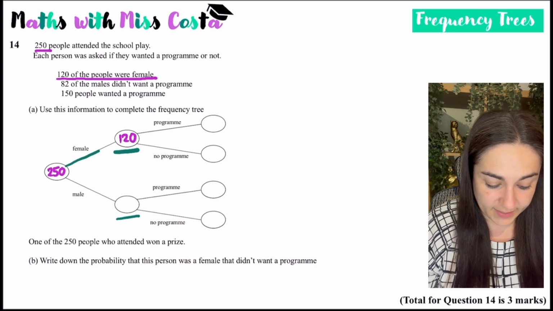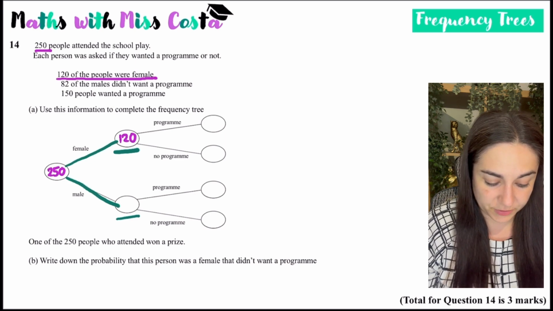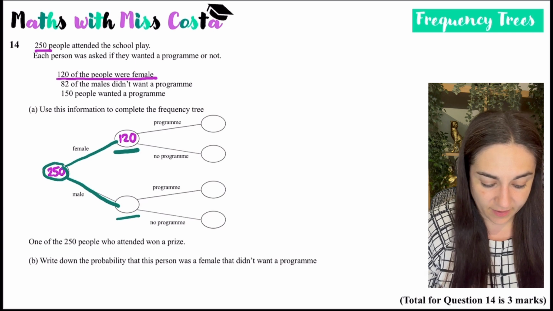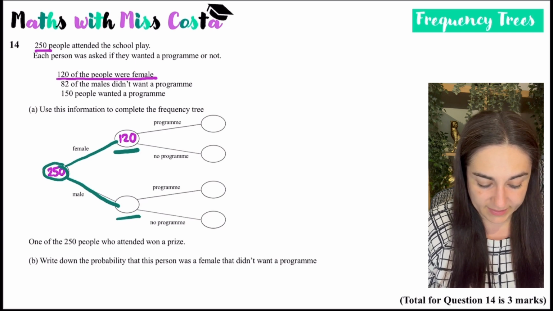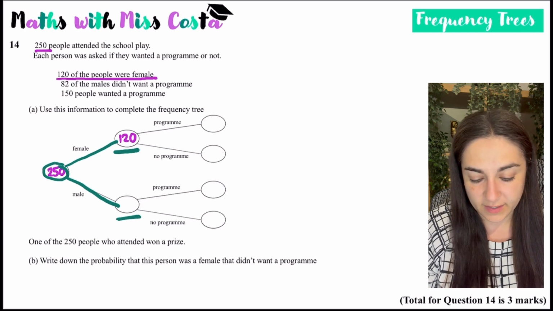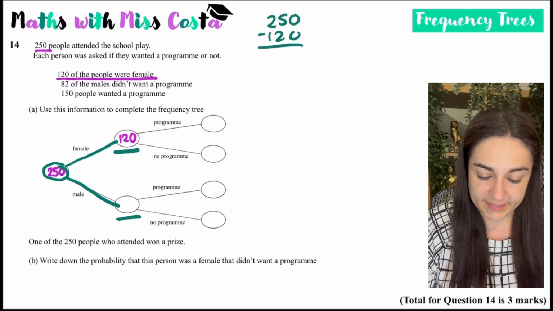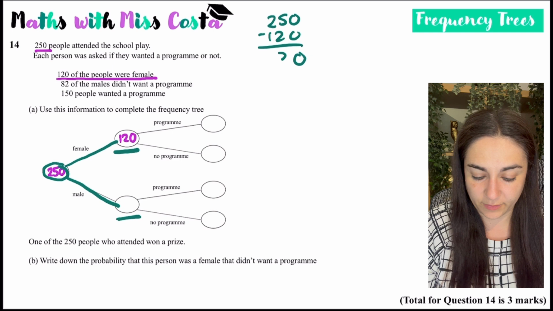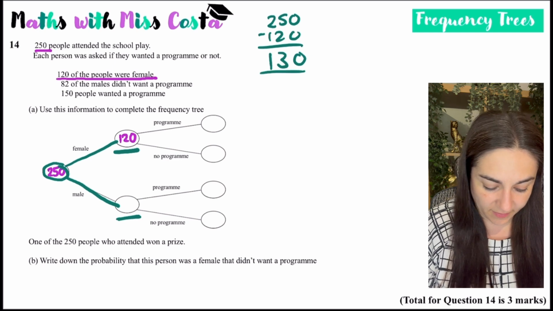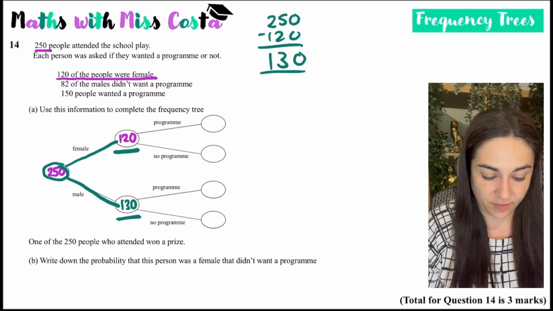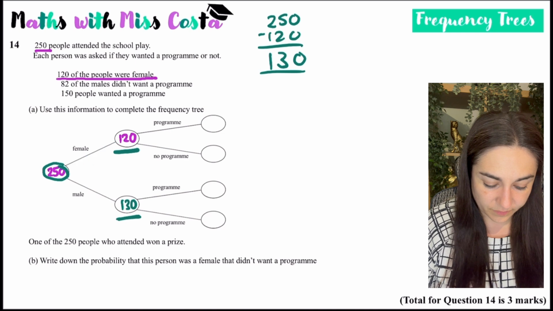So these two branches branch off from here. Therefore 120 and this must add up to 250. So if we did 250 take away 120, 0 take 0 is 0, 5 take 2 is 3, 2 take 1 is 1. So that means there must be 130 men.